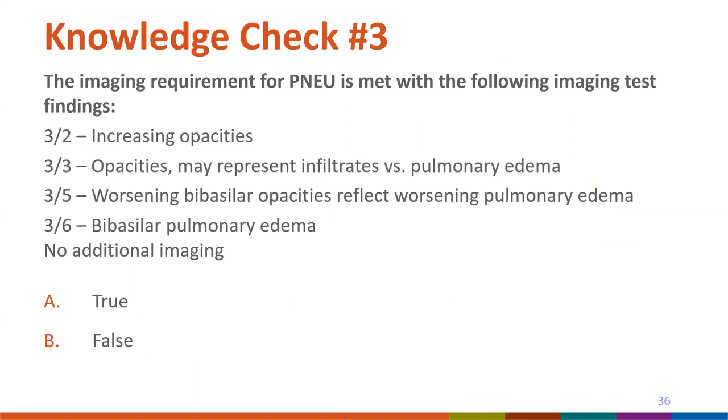On March 5th, the imaging shows worsening basilar opacities that reflect worsening pulmonary edema. And on March 6th, the imaging findings now report bibasilar pulmonary edema, and there is no additional imaging available. Do these imaging tests meet the requirement? A, true, or B, false?